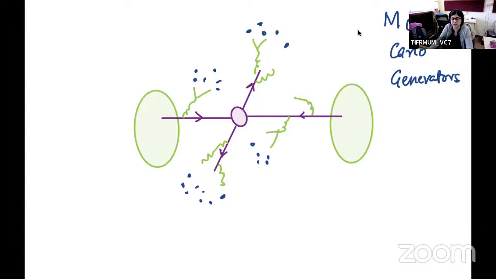If those hadrons are unstable, then you decay them into stable final objects and so on. So all of this multi-step process is done by Monte Carlo generators. So that is going to be the goal of this course.